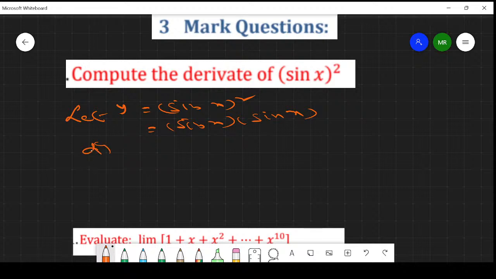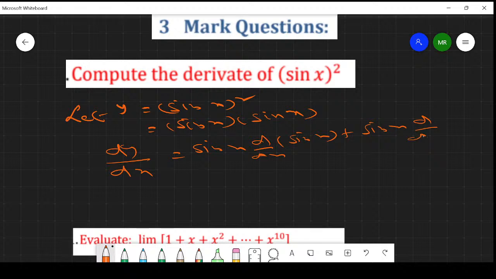Taking dy by dx, with respect to x, the derivative comes by the product rule, sin x into sin x: first function into derivative of second function, d by dx of sin x, plus sin x into again d by dx of sin x.